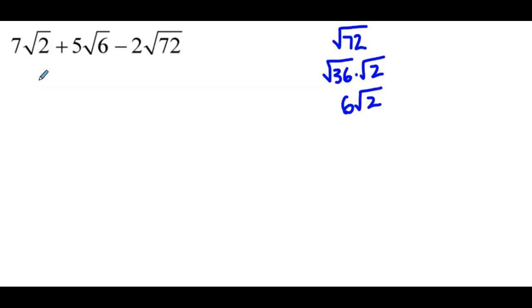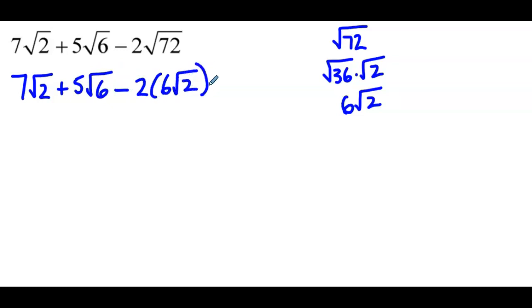So rewriting this expression, we have 7 times the square root of 2 plus 5 times the square root of 6 minus 2 times 6 times the square root of 2. One more step to simplify before we look for like terms. 2 times 6 times the square root of 2 becomes minus 12 times the square root of 2.